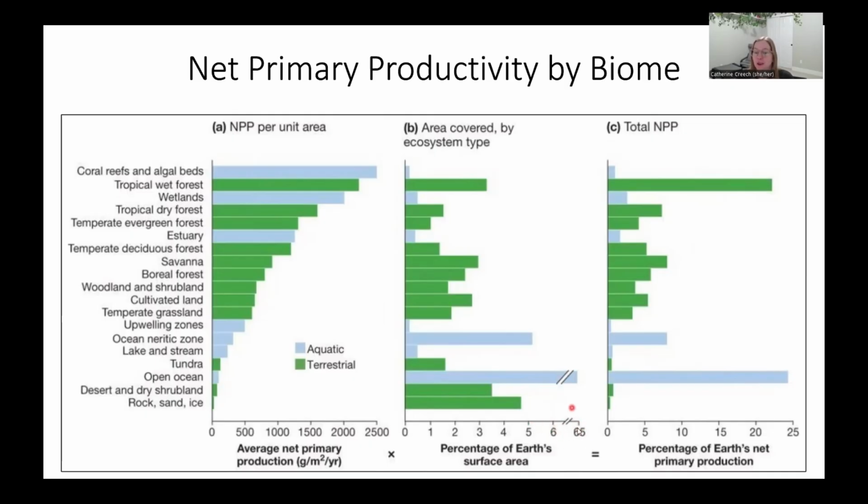To get the open ocean in the scale bar, they had to slash it and go up to 65. So if this was to scale, this would continue for like a huge long way and then end at 65, but that would look ridiculous. And so we slashed it. We had to break our scale bar. And that helps explain why the NPP of the open ocean is so total high, even though it's volume low.